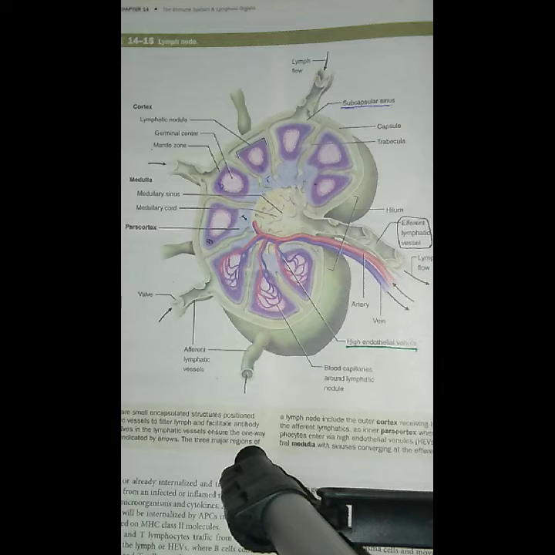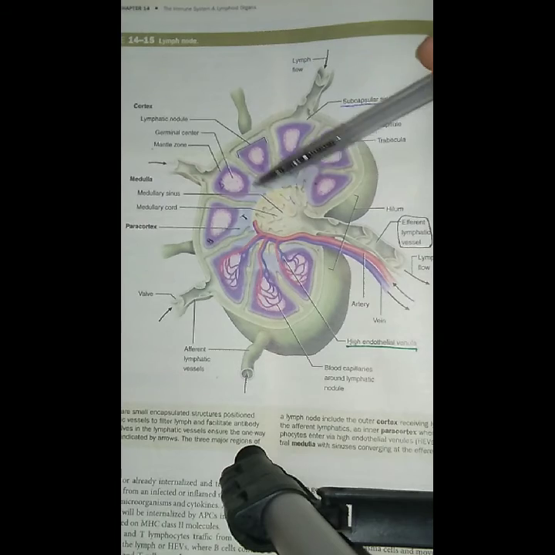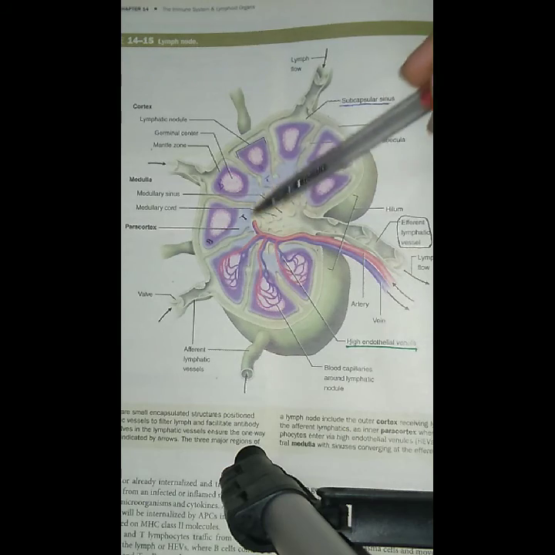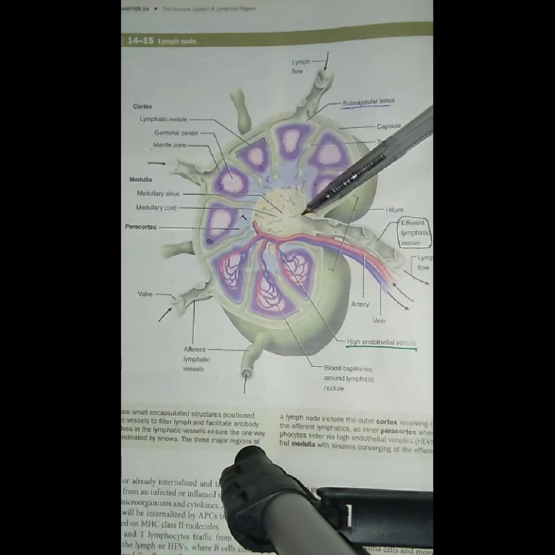T lymphocytes are in the paracortex region of the lymph node. If the helper T cells of the paracortex become activated, they divide mitotically to produce more helper T cells. Then these helper T cells pass into the medulla, which is divided into two parts, the medullary cord and medullary sinus.